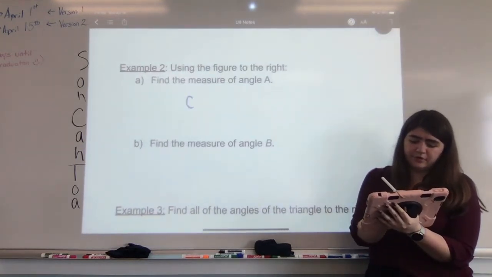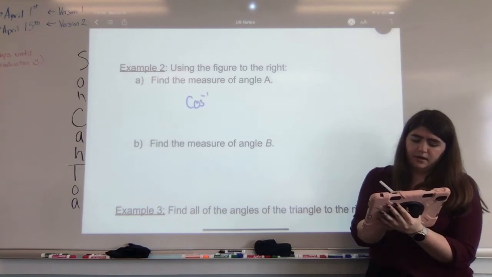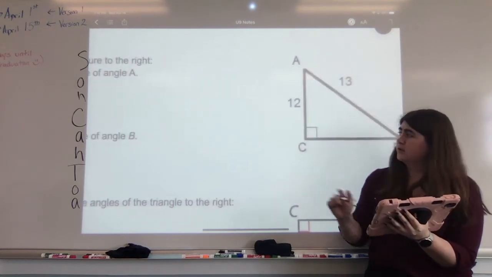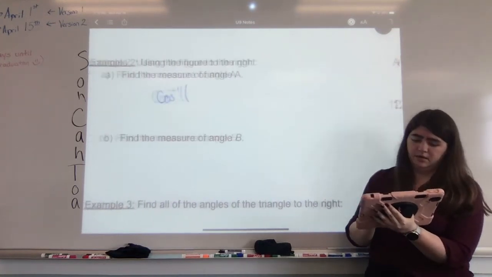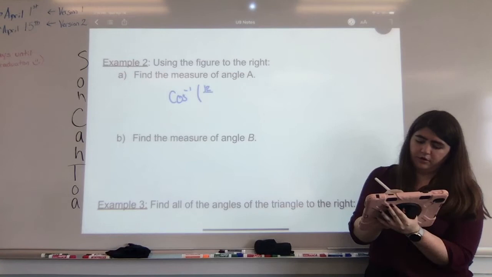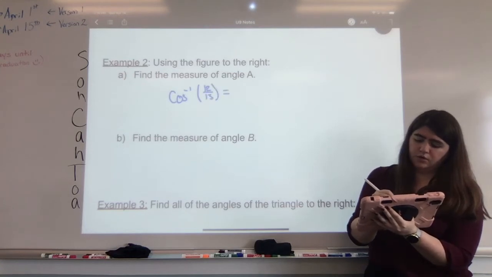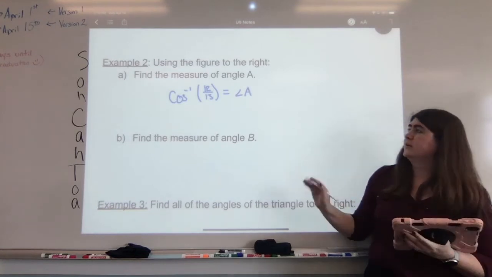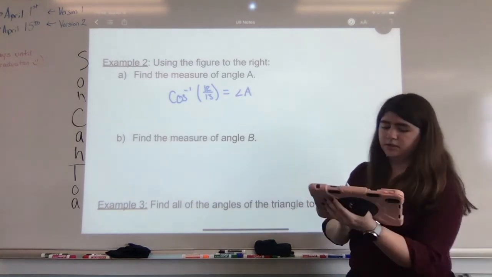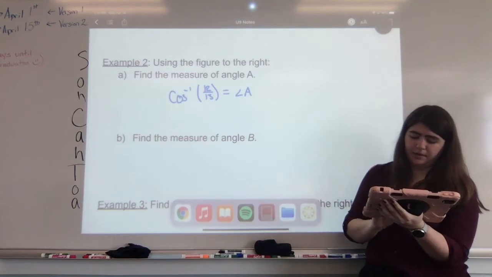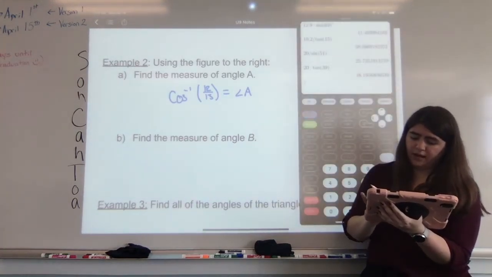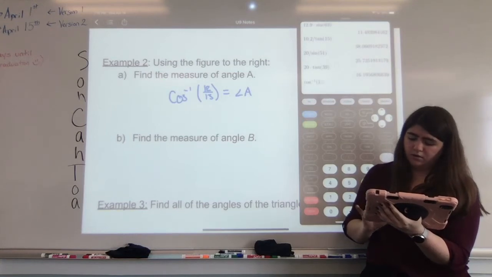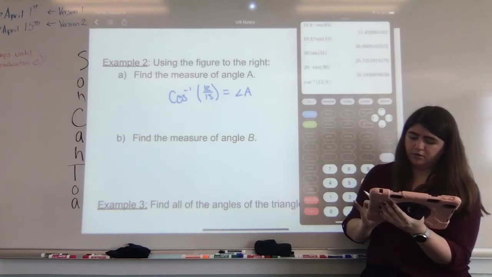So the inverse cosine of the adjacent, which is 12, over the hypotenuse, which is 13, 12 over 13 is equal to our angle measure, which is angle A. Now we're going to take this and we're going to plug it into our calculator. So I'm going to pull that up here. And I have second cosine, 12 divided by 13, close my parenthesis.